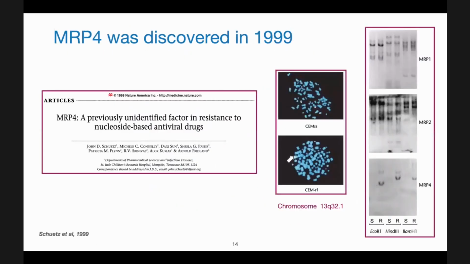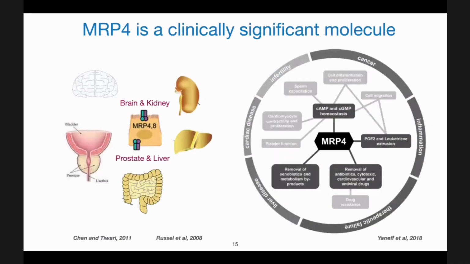So MRP4 was discovered in 1999 because it was associated with a strain which was really resistant to PMEA. It was highly expressed in that strain, and that's how it was identified. It is expressed in different organs: brain, kidney, prostate, liver, and even the gastrointestinal tract.